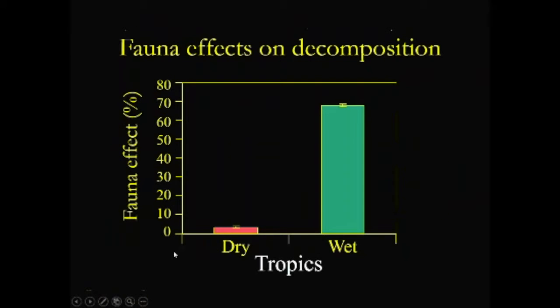And in this particular site, we were able to determine that about 70% of the decay rate could be explained just by soil fauna alone. And in particular, in this system, the earthworms are a very determinant variable in terms of decay.